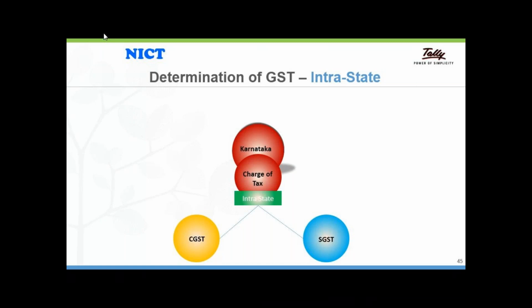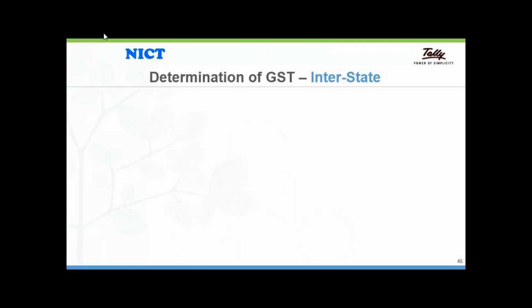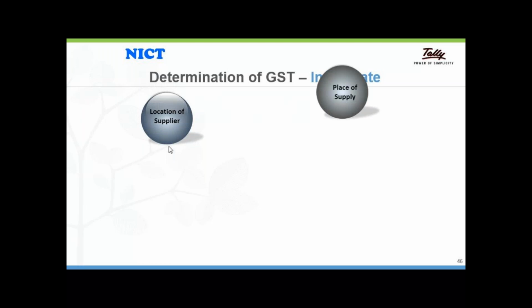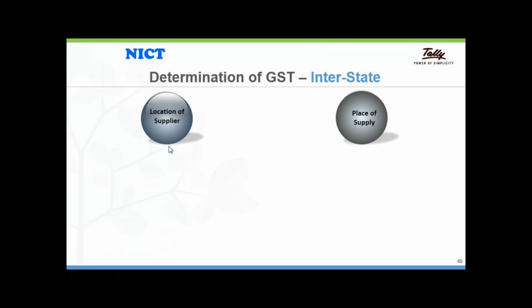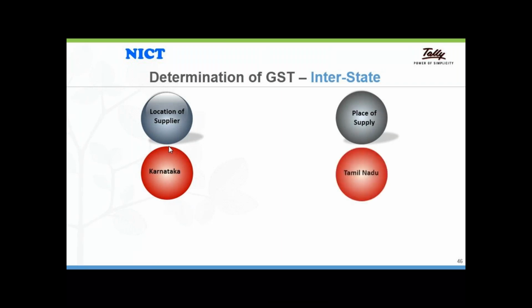This is the first case. We'll see the next case. Location of supplier, let us say Bangalore, Karnataka. Place of supply, Chennai, Tamil Nadu. So this is a transaction happening between state.